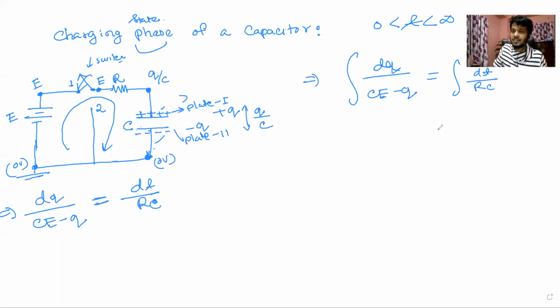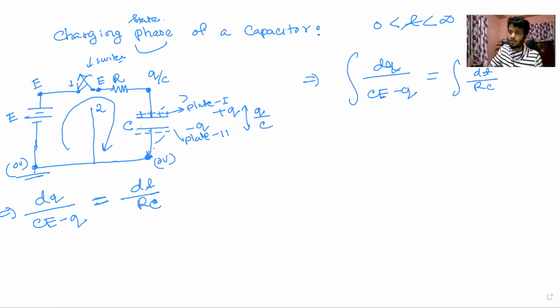We'll integrate the left side with respect to what, time or charge? Charge, right? Because CE is a constant value here, only charge is changing. That means charge is the variable, and we integrate with respect to the variable. So we'll integrate this term with respect to charge.